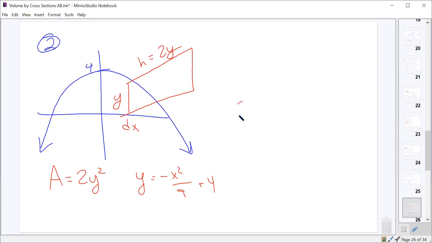And we'll have 2 times (negative x squared over 9 plus 4) squared dx. And we'll integrate that from where they intersect? -6 and 6. So you can figure that out just by solving that equation for 0. Does that make sense, Angelina, for the setup there?